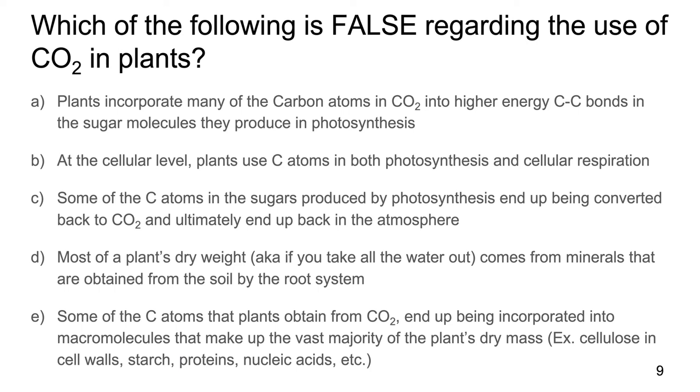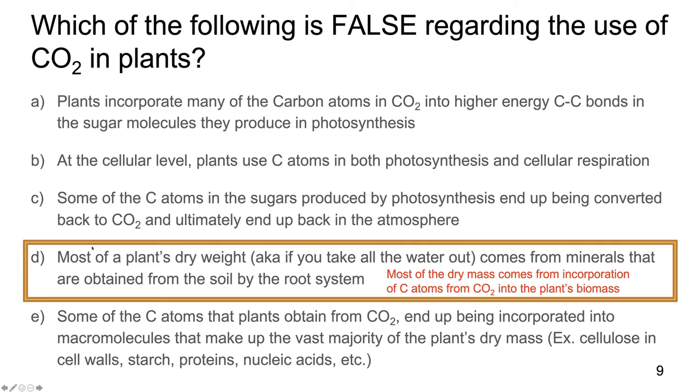Which of the following is false regarding the use of CO2 in plants? If you said D, this is the false statement. That is correct. Most of a plant's dry weight, if you take all the water out, does not come from minerals obtained from the soil by the root system. A very, very tiny percentage of a plant's dry mass does come from those minerals.